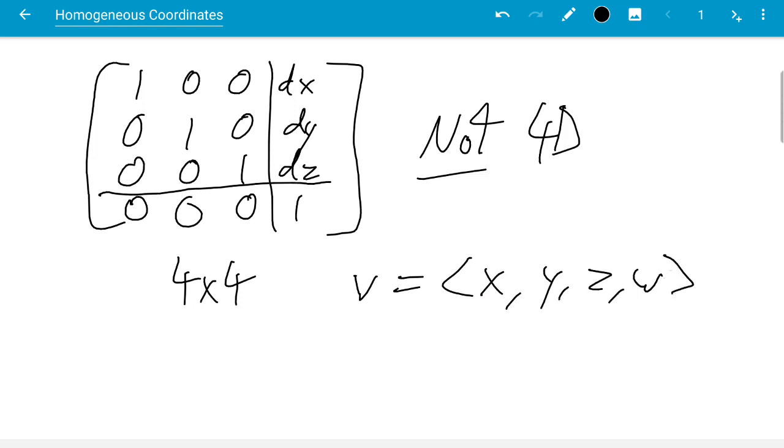And then let's just say, and go along with me here, that any specific 3D point, a point that represents a real 3D position in space, has to have a w of exactly 1.